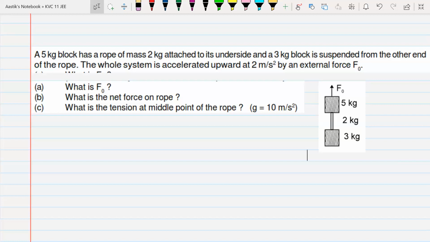What about the others? I'll give you one more minute. What about part 2? Anyone got the answer for this? Part 2, net force on the rope. I want all the 3 answers, bacha.